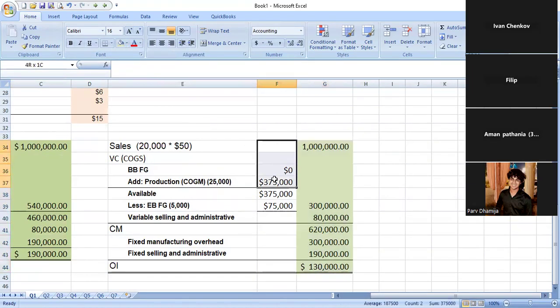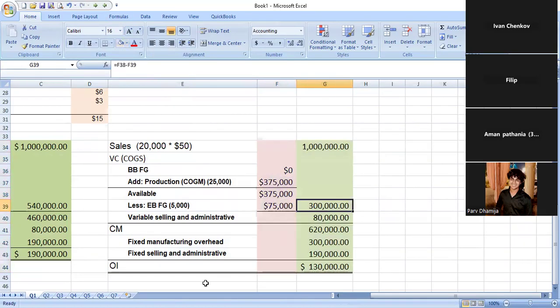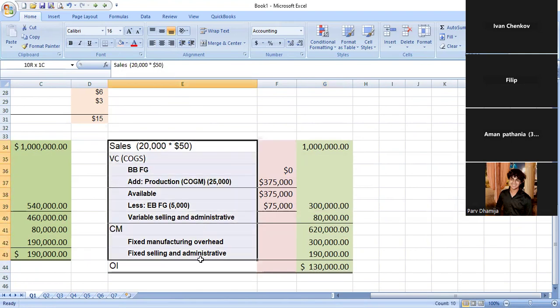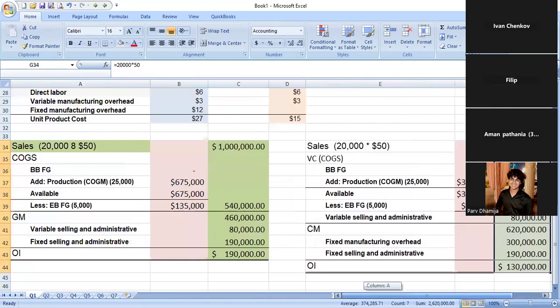This is additional information to show you how to get this element of the cost of goods sold on the variable, but you're not going to be asked to show this calculation on the Connect. Make sense? Only this information is required. Questions?